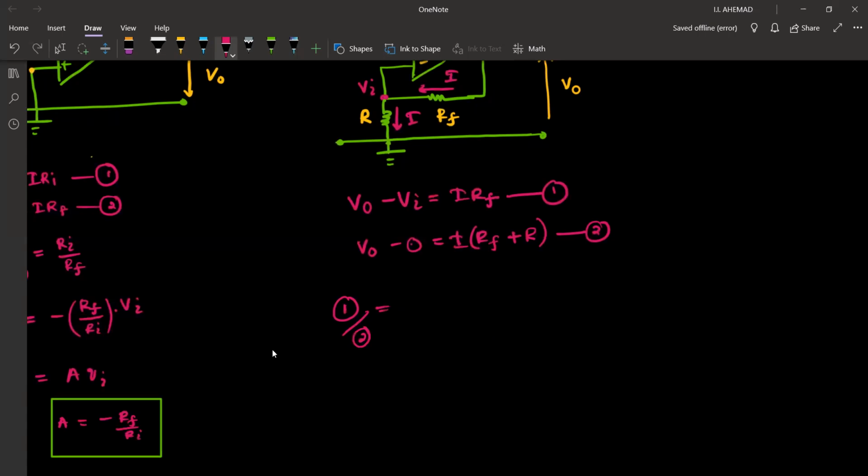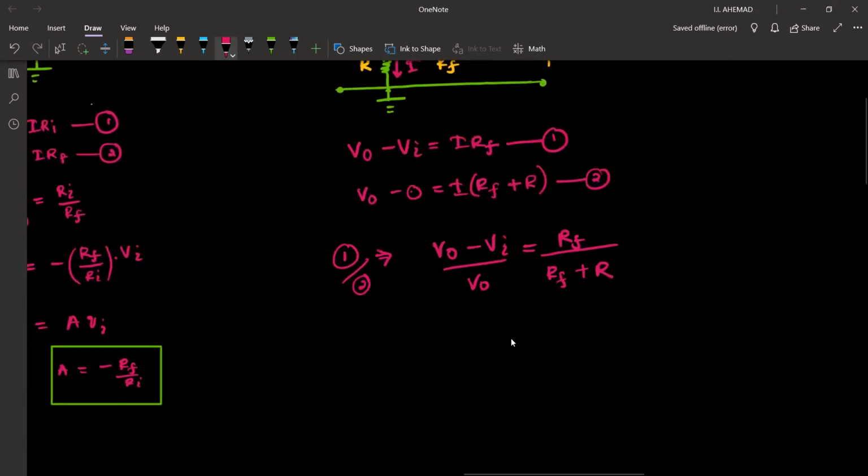I have V0 minus Vi over V0 equal to Rf over Rf plus R. Now here, I can write them as separate denominators. So I get 1 minus Vi over V0 is equal to Rf over R plus Rf.